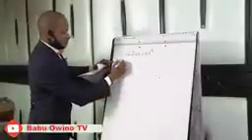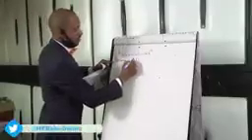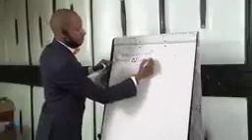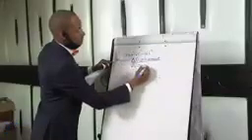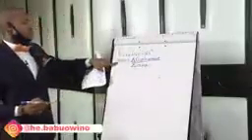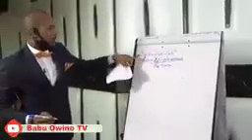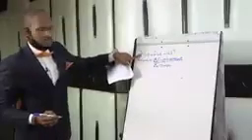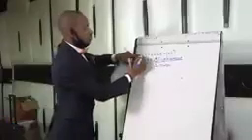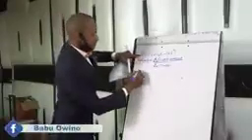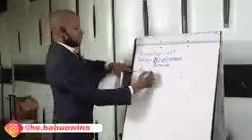Velocity is given by change in displacement divided by change in time. This sign means change. We have displacement, or the height, as h. So we just differentiate h with respect to t. That is dh/dt, which is equal to the velocity.